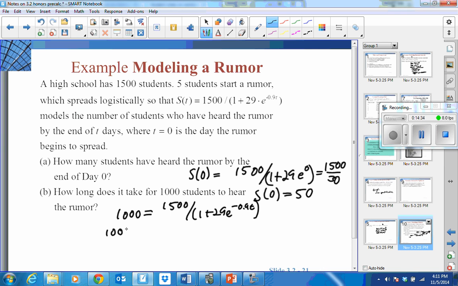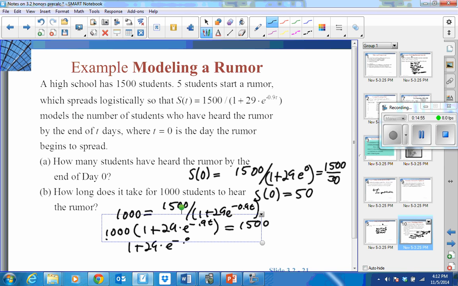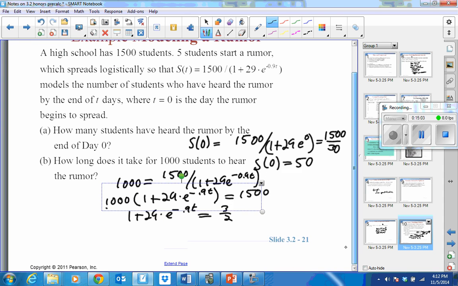So I get 1,000 times 1 plus 29 times e to the negative 9/10 t equals 1,500. Now I'm going to divide by 1,000 on both sides, so I get 1 plus 29 times e to the negative 0.9t equals 3/2. Subtract 1, and we get 29 times e to the negative 0.9t equals 1/2.